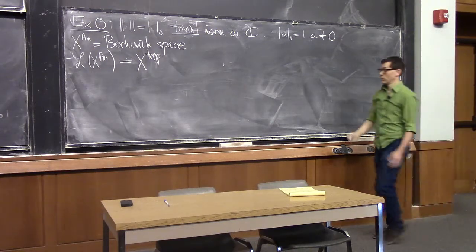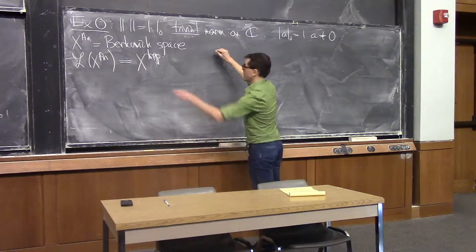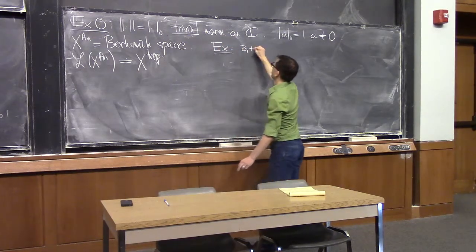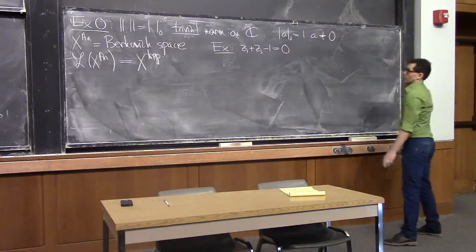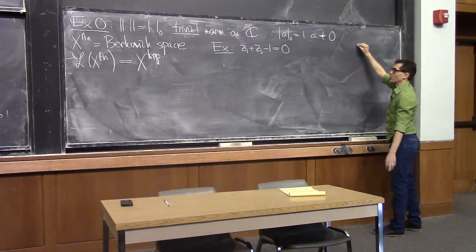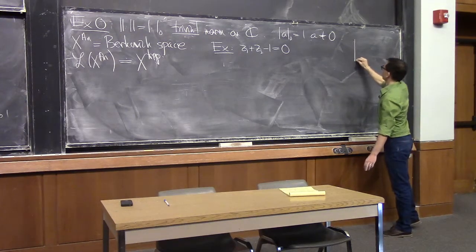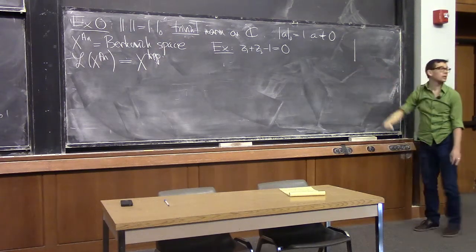If I do this example again, Z1 plus Z2 minus 1 equal to 0, the shape looks like some kind of tree. It's almost the simplest possible Berkovich space. It has a tree with one endpoint for every classical point on this thing.